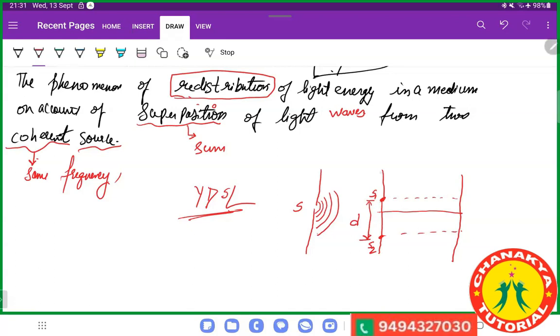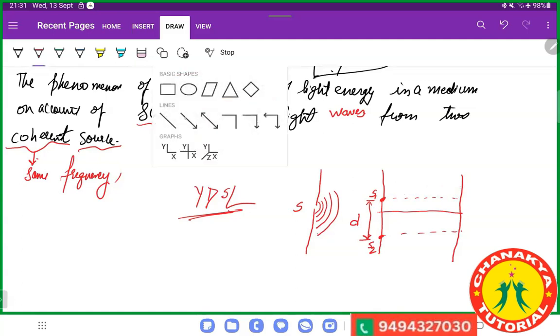Slit means one passage, so it will reflect according to the angle.